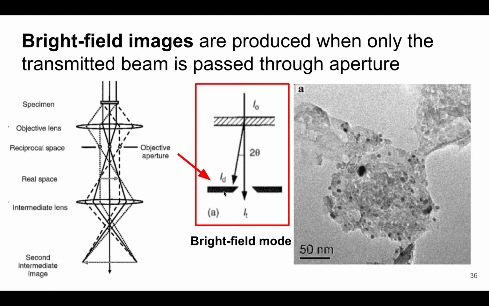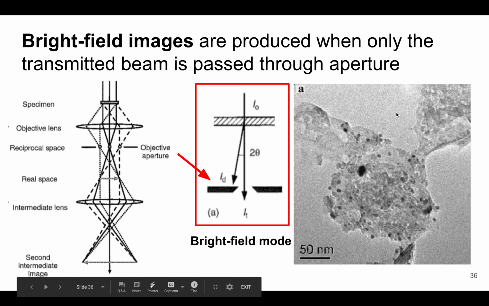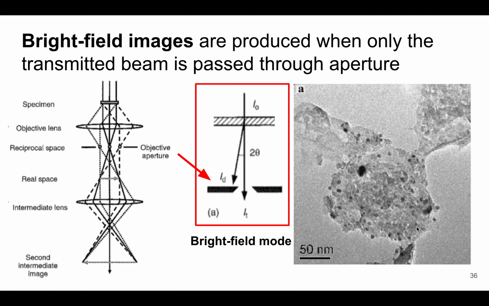So if the aperture is set up so that the transmitted beam goes through and the diffracted beam is not allowed to go through the aperture, then this is known as Brightfield, because a majority is the transmitted, and the smaller fraction is the diffracted. This is a typical Brightfield image, and you see it's predominantly bright, and you see differences from that.